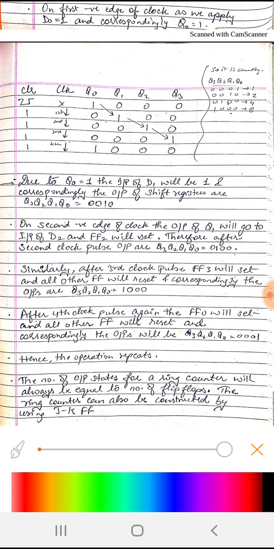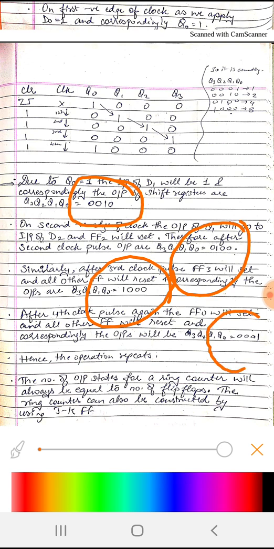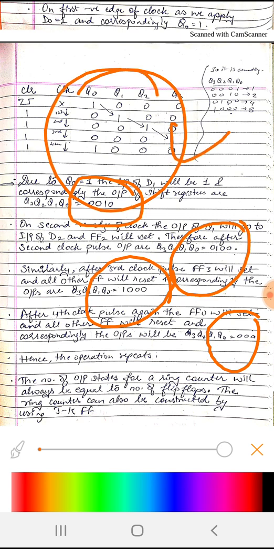So first it will become 0 0 1 0, then it will become 0 1 0 0, then it will become 1 0 0 0, and it will again become 0 0 0 1. So it will keep rotating like this, 1 2 4 8, then again 1. So that is why it is called a ring counter.